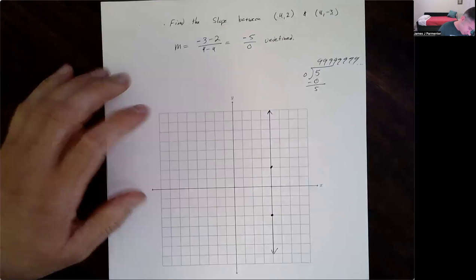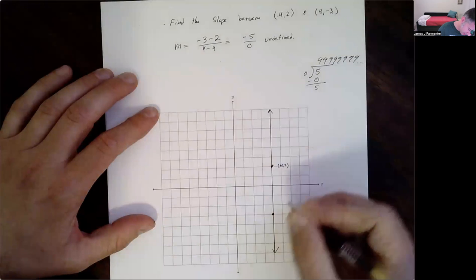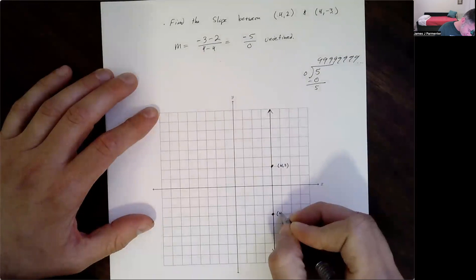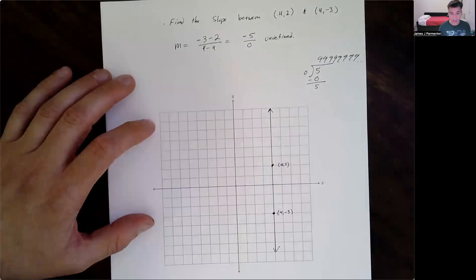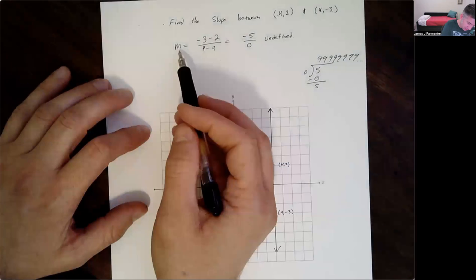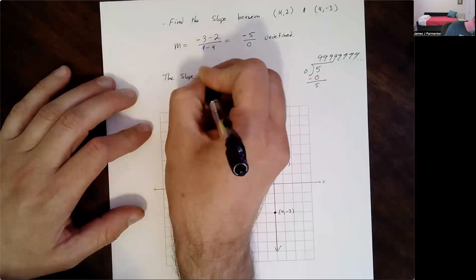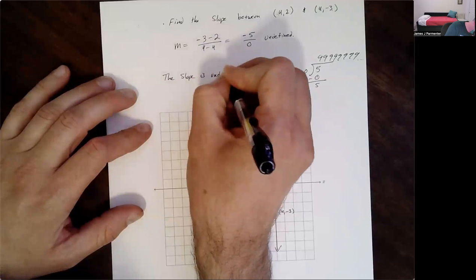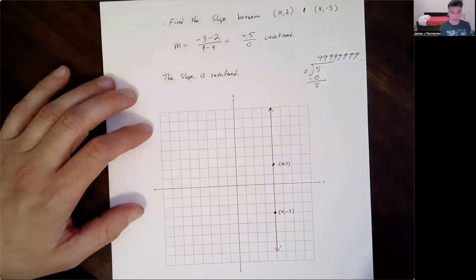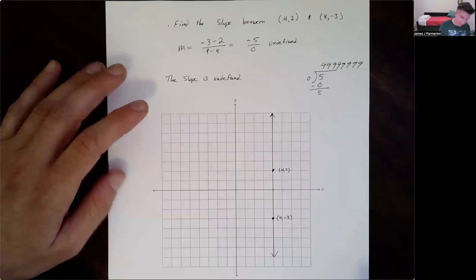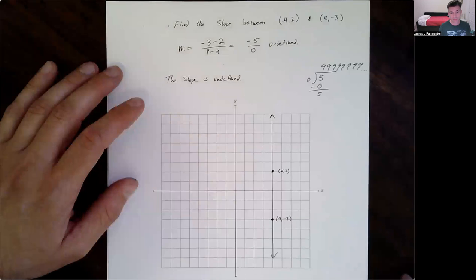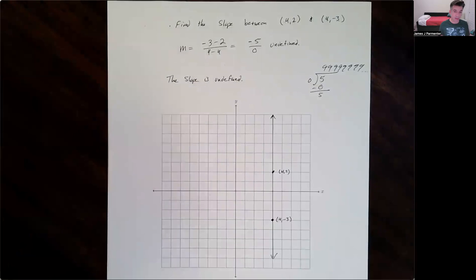That line has as much rise as you want over 0 run. And literally the slope is undefined. We say the slope is undefined. There is no other way to say it. And that's always going to be the case exactly when we have a vertical line, and never any other time. Any other type of straight line, the slope will always be defined.